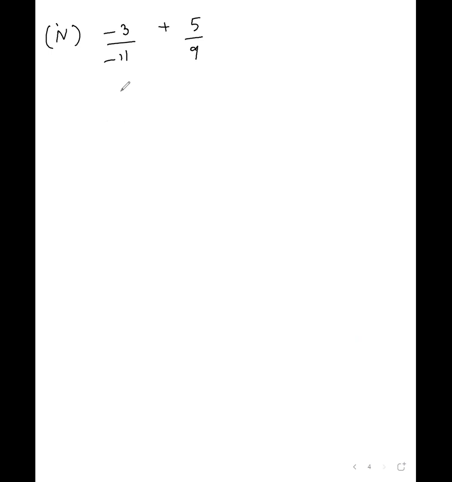We will find the LCM first. Okay, before finding the LCM, Hiba, make sure that there is no negative sign in the denominator. Is that clear? Yes. So what can we do about this negative sign?